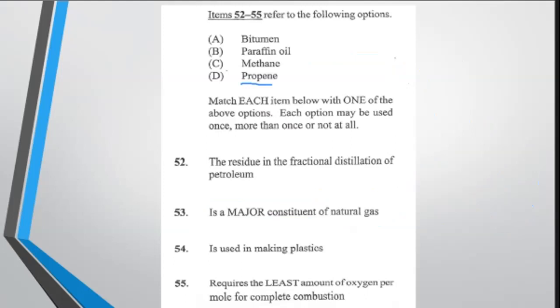So propene, which is an alkene, could be used to make plastic because it can create a polymer. We could end up with a polypropene, which is a polymer, and that is what it can be used to make plastics, right?